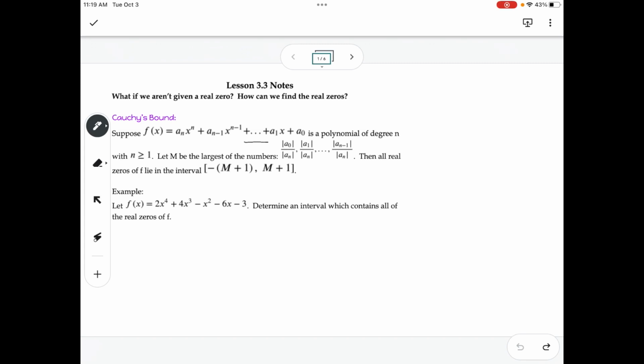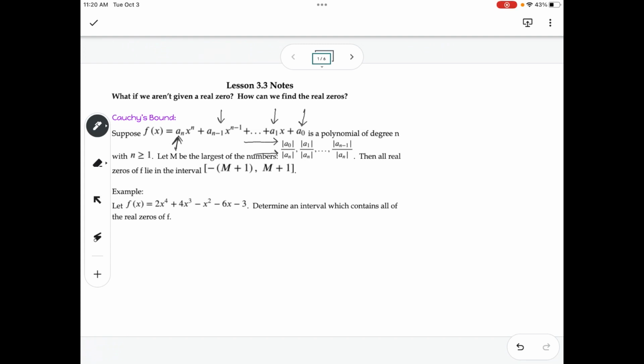In our top row we need the absolute value, starting with the absolute value of the constant over the leading coefficient. Then we go to the next coefficient and put it over the absolute value of the leading coefficient, and continue until we run out of coefficients, always over the absolute value of the leading coefficient, to determine the largest value.